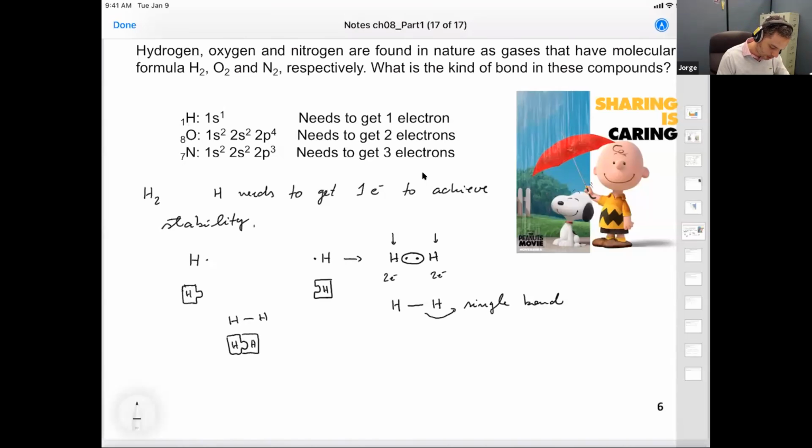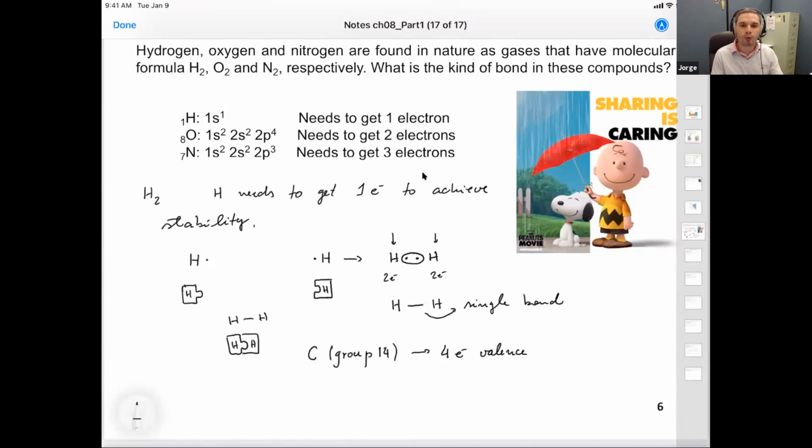So let's talk again about carbon. Carbon belongs to group 14. Therefore, we always need to know the number of valence electrons. We have 4 electrons in the valence shell.